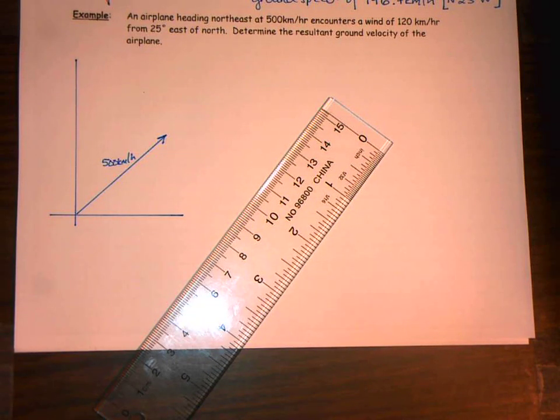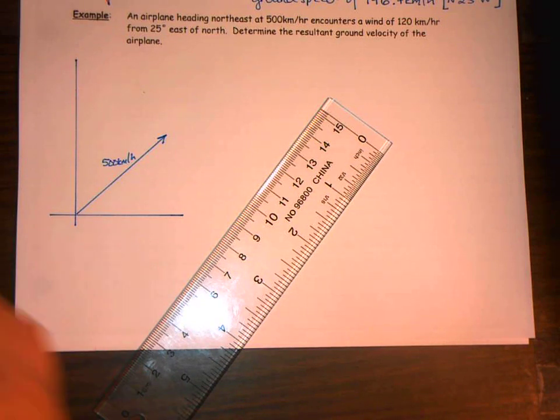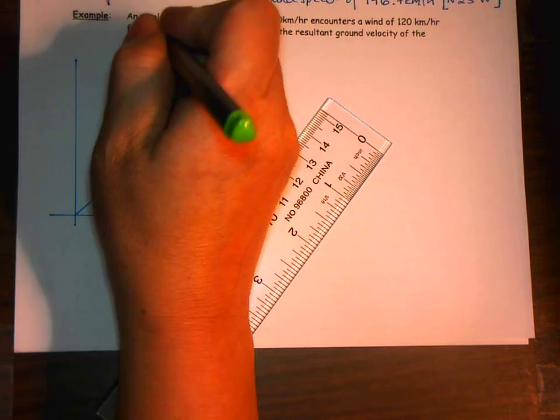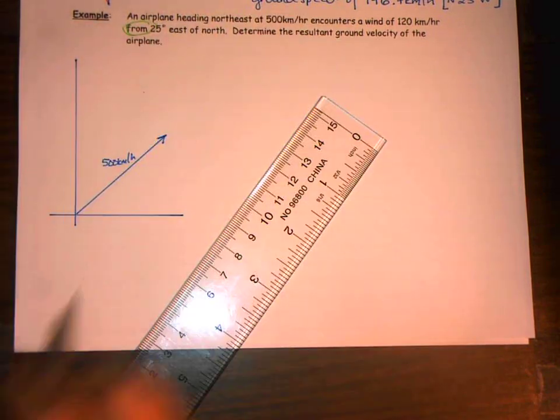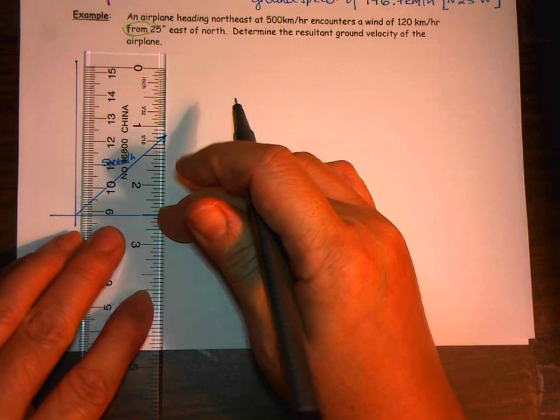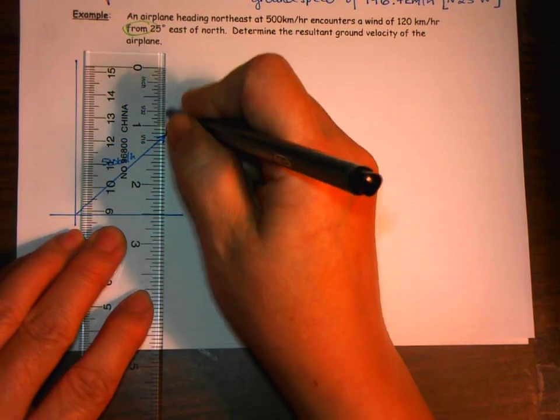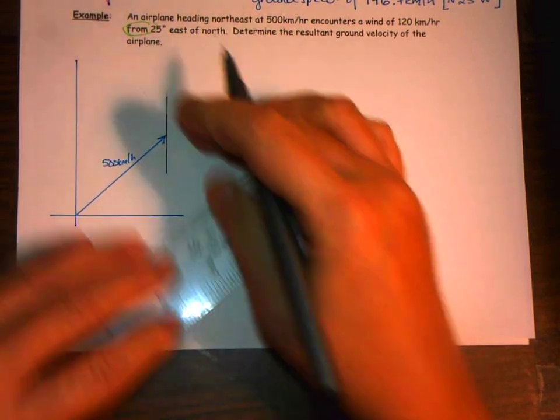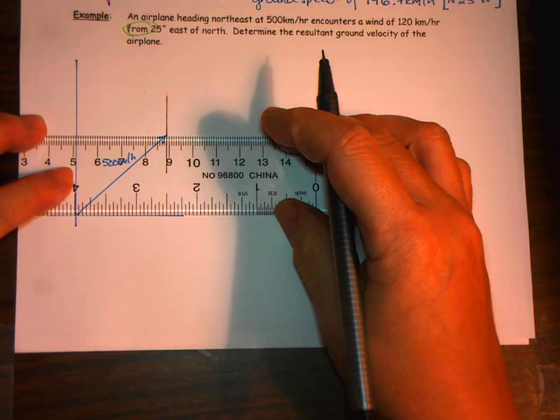Okay, so we have a wind that is coming from, and that's important, it's from 25 degrees east of north. So an easy way of drawing this is to create another set of axes at the head of your plane vector from here.